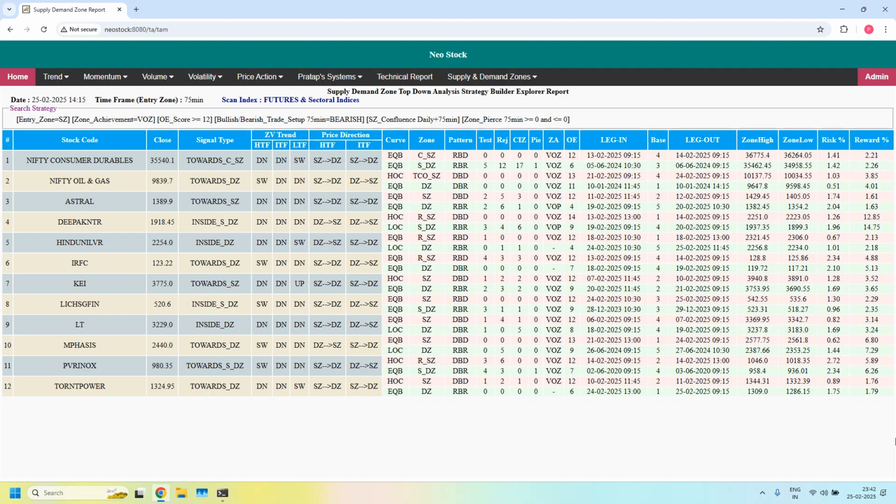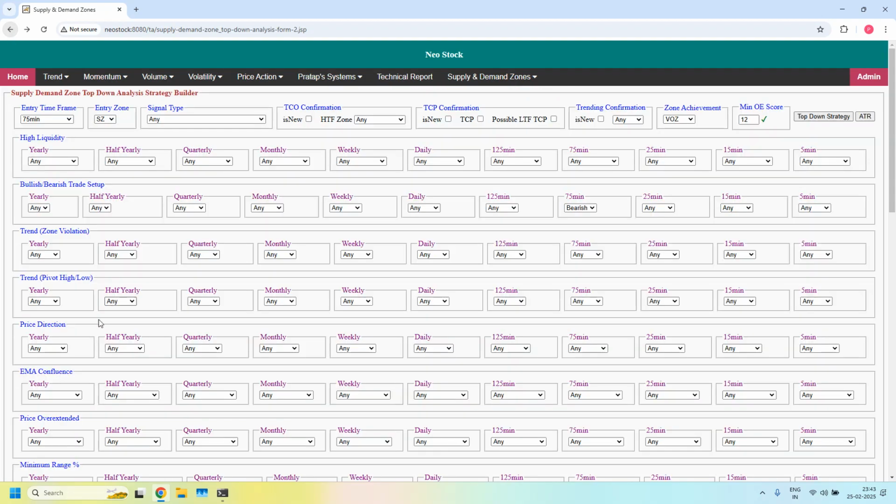In these 12 stocks, these 75 minute supply zones are overlapped with daily supply zones. And daily trend is down in all these stocks, ITF trend. If daily supply zone having daily EMA confluence, then those stocks are even more high probability trade setup supported stocks. Let's verify.